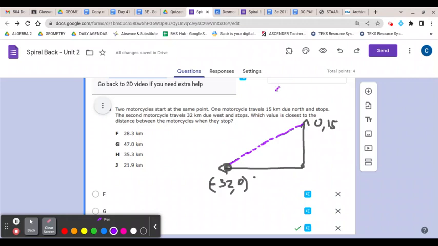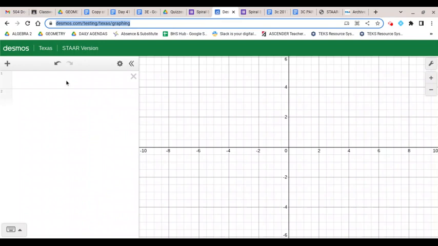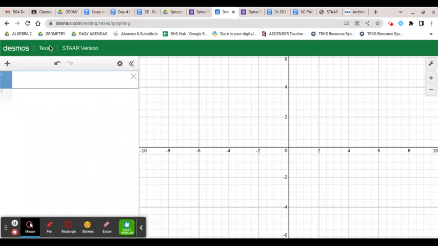Now, what we're going to do is go back into Desmos and do the distance formula. This is also in the 2D notes, so in case you get a little lost, these things are in the 2D notes. If we go into the Desmos calculator, we have to type in the distance formula.